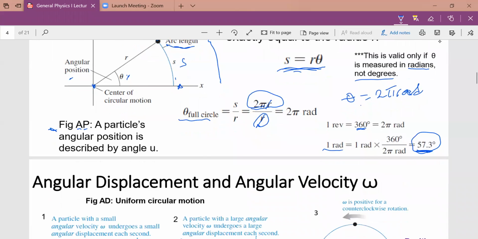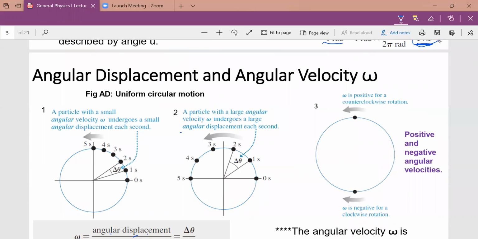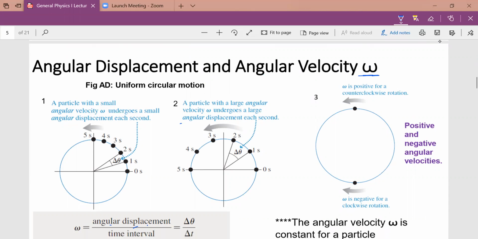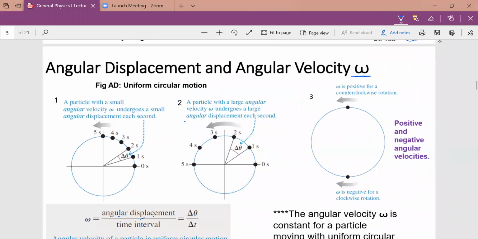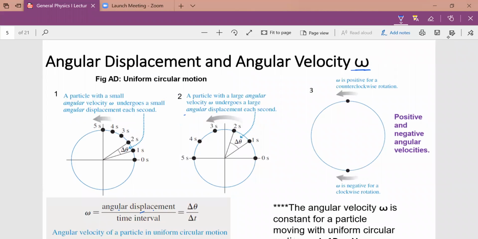We'll proceed to describing another term, which is the angular displacement and angular velocity, omega. We use omega, this curly w kind of symbol, to represent angular velocity. We know the definition or the expression of displacement when we discussed linear motion, and we know the formula for velocity too.